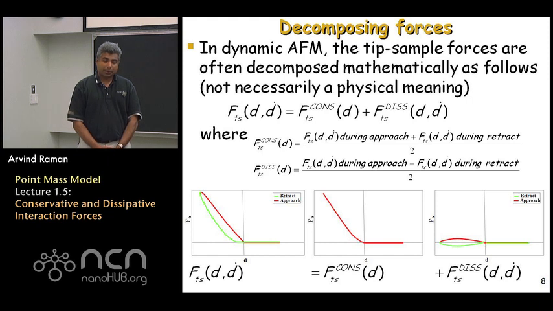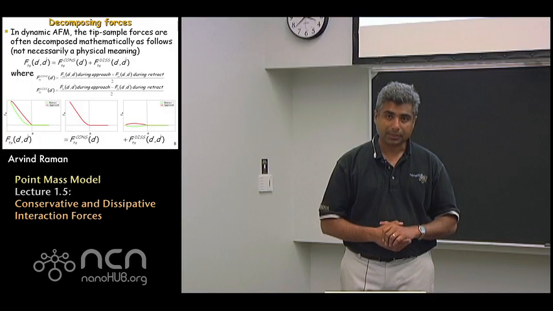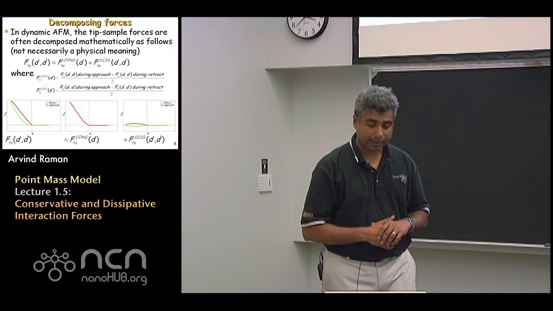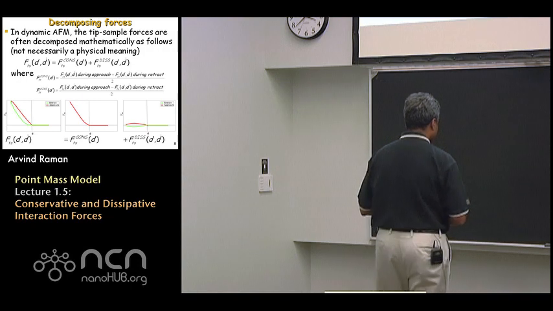And what we do in dynamic atomic force microscopy is we use a very common decomposition of these interaction forces, which I'll try to illustrate on the board right now. So if I went on to the board and tried to sketch this out for you.